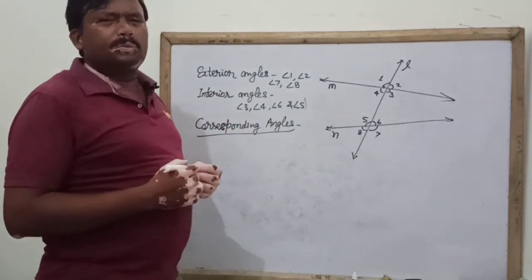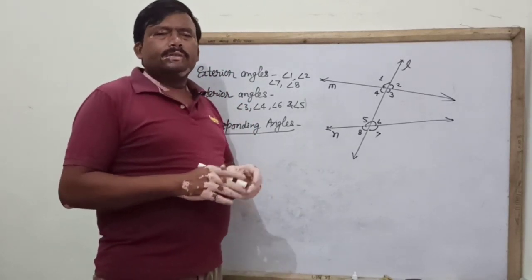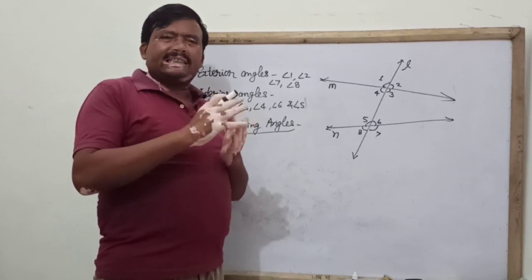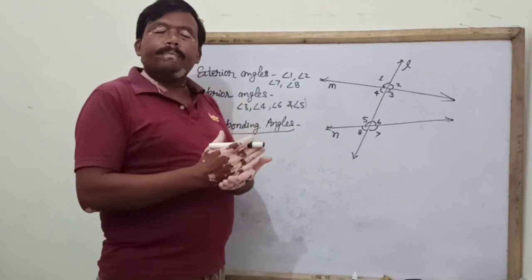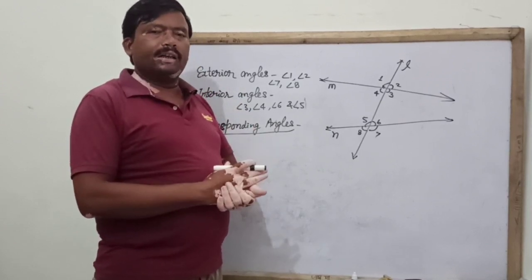Corresponding angles are those which are formed by the same event, the same phenomena. Those angles are called corresponding angles.